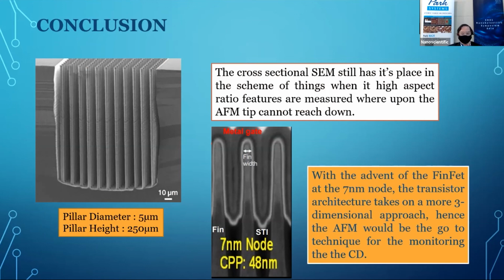On the other side of the fence, there is the advent of the 7 nanometer FinFETs. FinFETs in their nature are 3-dimensional in shape. So the AFM finds its strength here because you are able to quantify the fins on these FETs as well as the source strain measurements, and these are all in the nanometer scale.